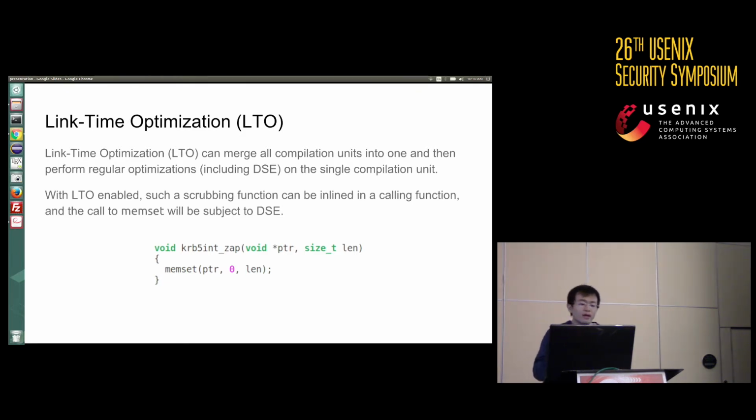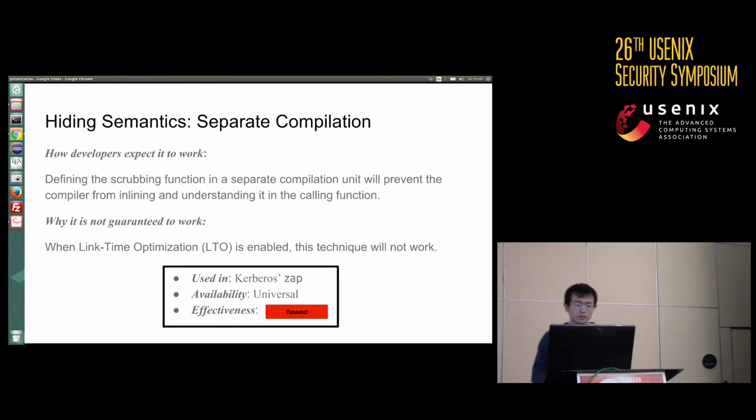So when link time optimization is enabled, such a scrubbing function can be inlined. And when it is inlined, the call to memset will be subject to DSE. So in summary, although this technique is universally available, it is flawed.